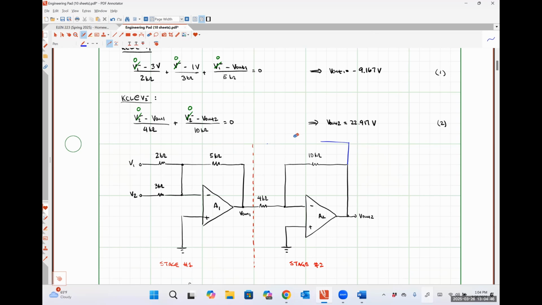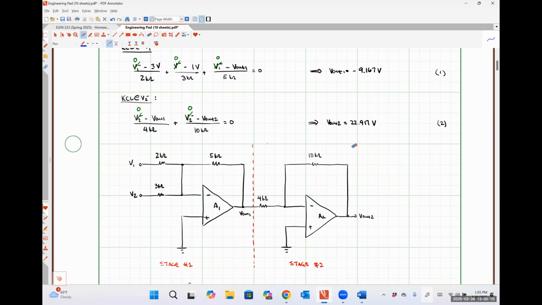Okay, so based on what we know these two stages are, what's the purpose of this cascade operation? Just ballpark it here. So I have a weighted inverting summer that's being fed into an inverting amplifier.